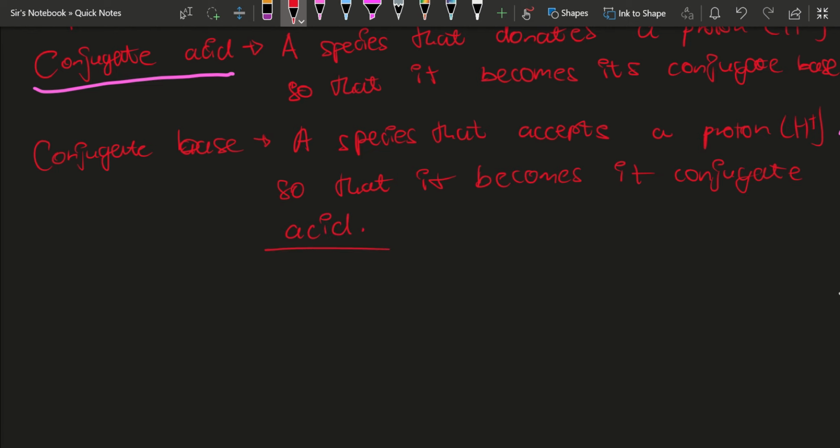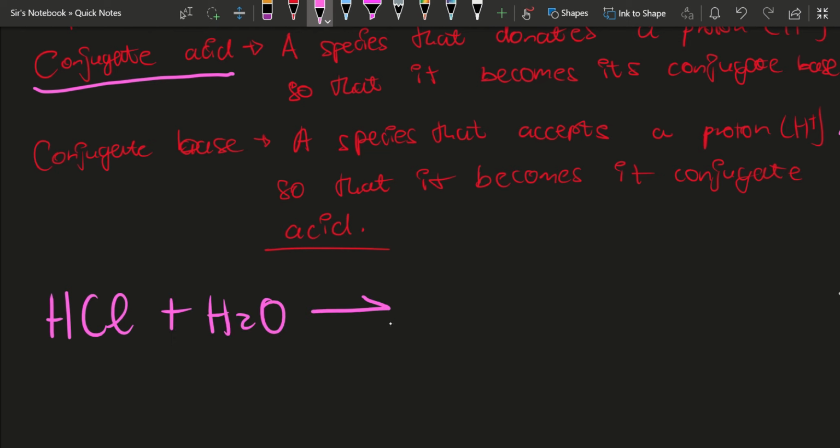Okay, a typical example of this: say we're reacting hydrochloric acid with water. Remember, hydrochloric acid donates a proton, so we're expecting it to donate a proton to the water molecule.